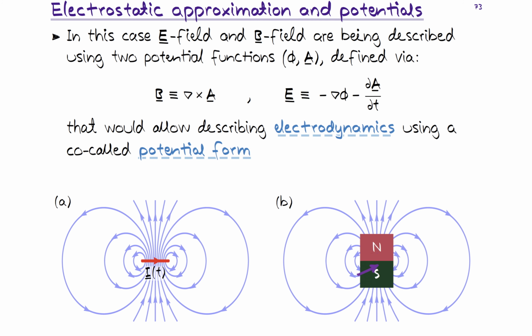Looking the other way around, if I wanted to realize a very strong magnet that could lift, for example, cars, I could imagine a very strong, powerful current forming a loop, and that way give rise to a strong magnetic field. So I could form an electromagnet.